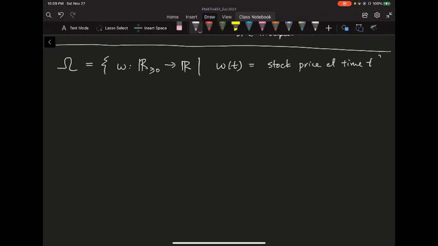You can make it real-valued. For example, usually you take the log stock price, so everything is now real and you don't have to care about the stock price being negative. You just take the log.